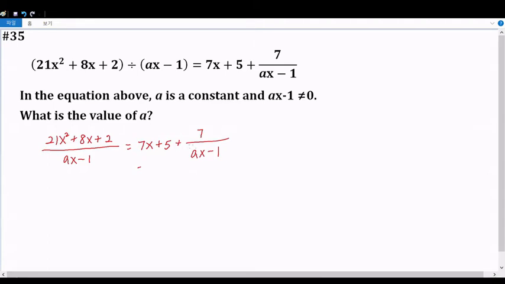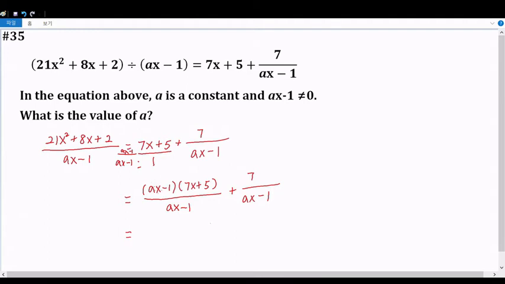First, we need to have the common denominator, so I'm going to multiply 7x plus 5 over 1 by (ax minus 1) on the numerator and the denominator. Then we get (ax minus 1) times (7x plus 5) over (ax minus 1) plus 7 over (ax minus 1).